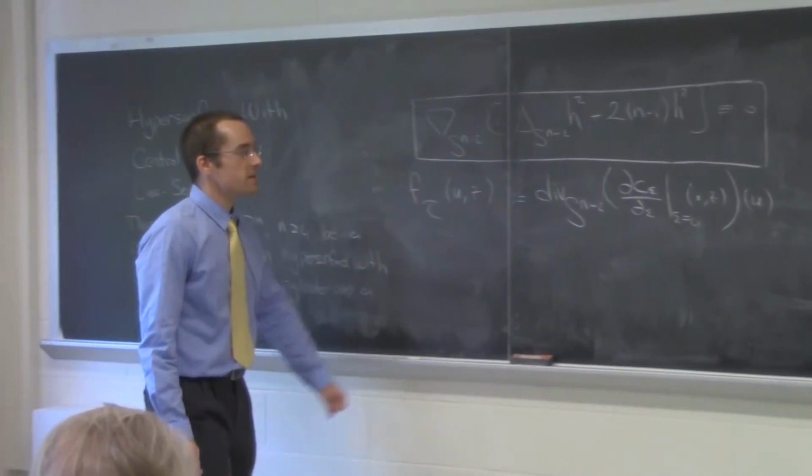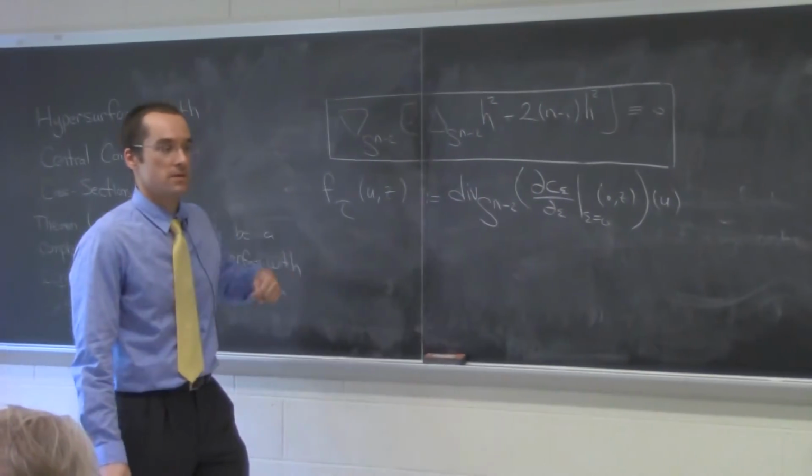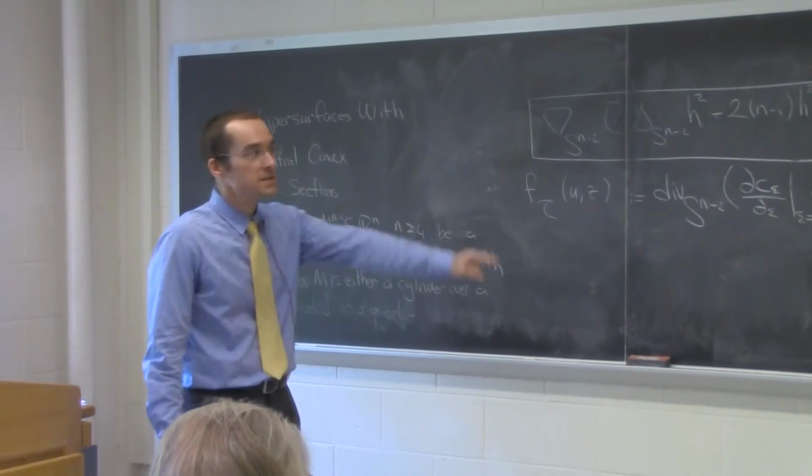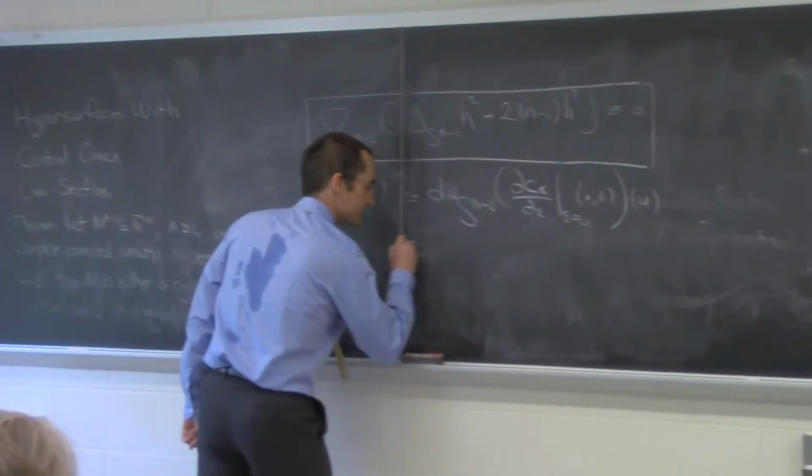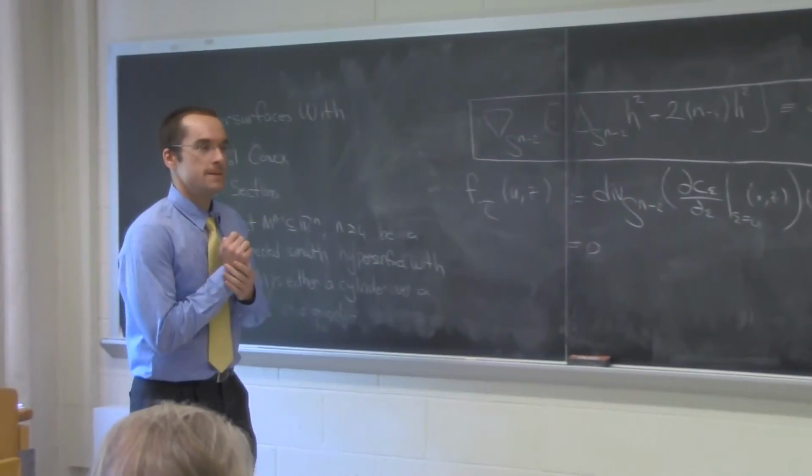Right? This is the spherical divergence of this vector field. And it is 0, right? Because the 0 is there.